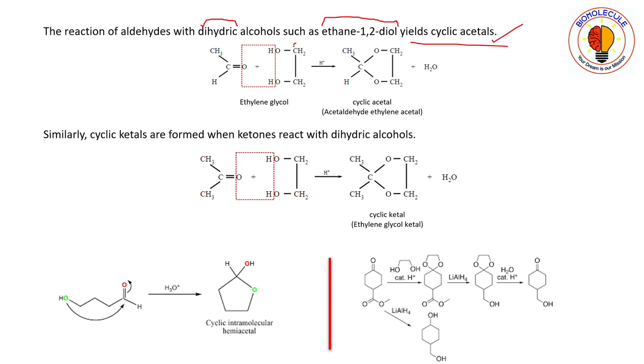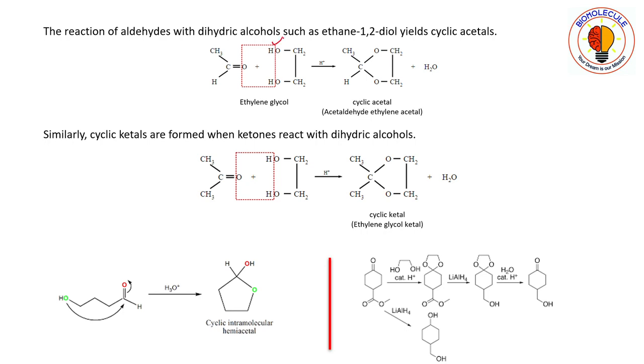See here, these two carbon atoms are joined together, so in the product also these two carbon atoms will be joined together, and because of that we are getting cyclic acetals. If you want a shortcut, you know that in this reaction with alcohols, only water molecules leave.